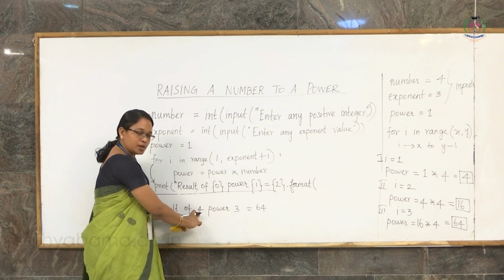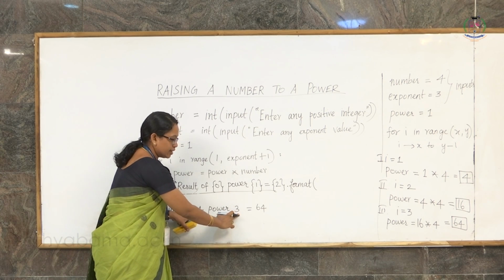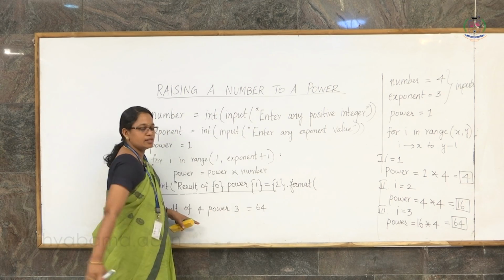So, this is the number, the next one is the exponent and the last one is the power.